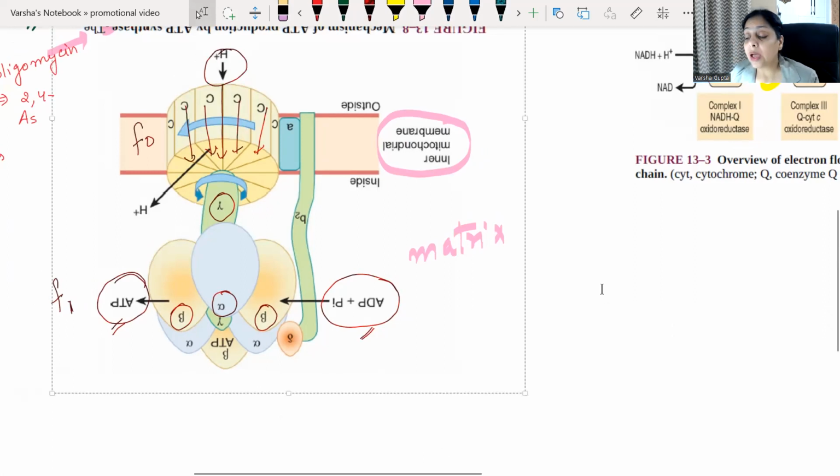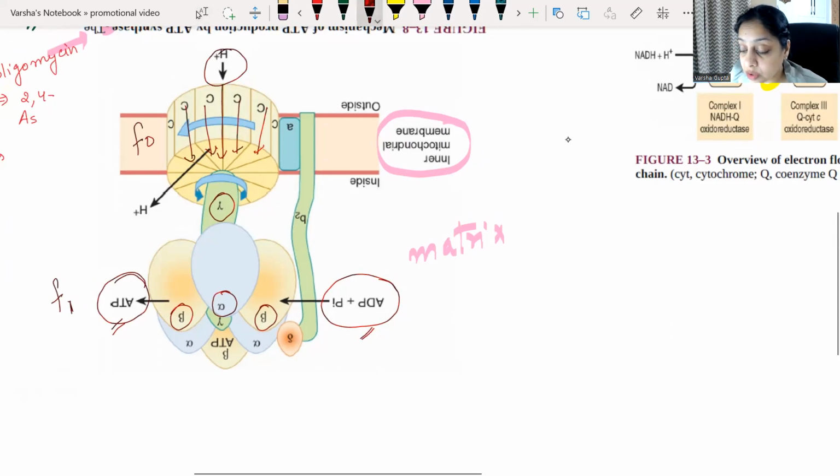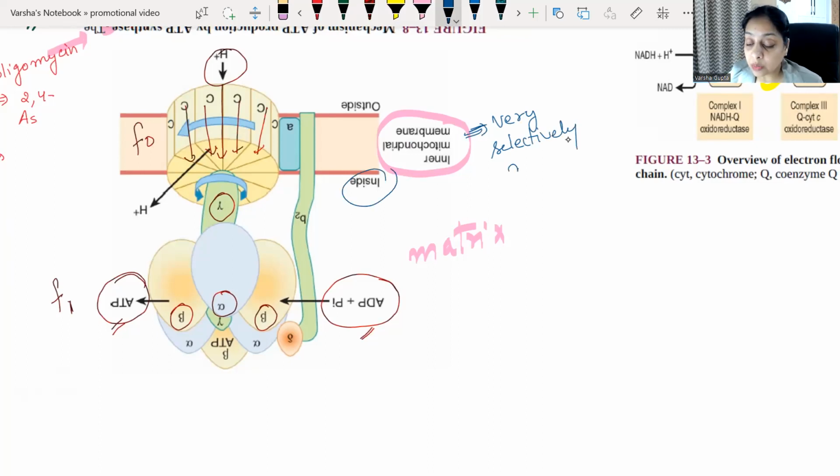Now, you may write in the exam also about the inner mitochondrial membrane. First of all, you should know it is very selectively permeable, the inner one, right? The outer one is more permeable. Selective तो है ही, but it is more permeable, थोड़ा loose है, ठीक है, आने देता है.